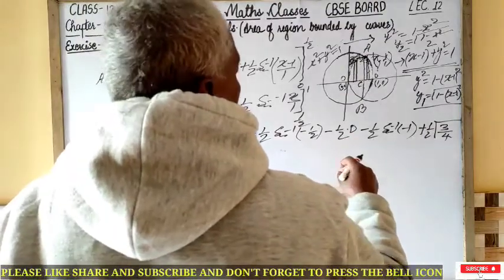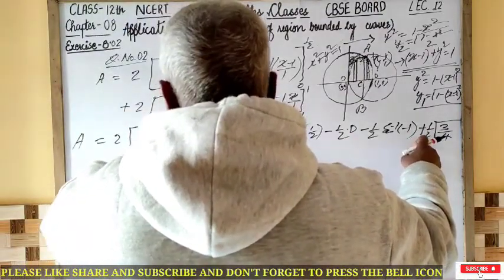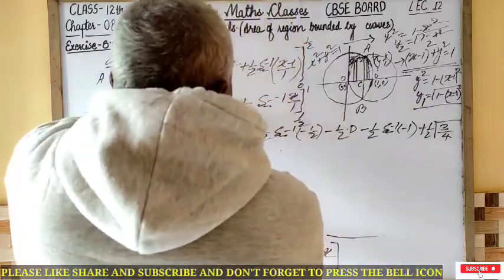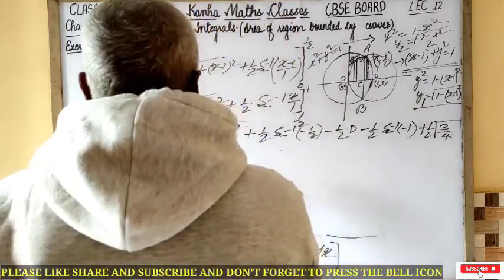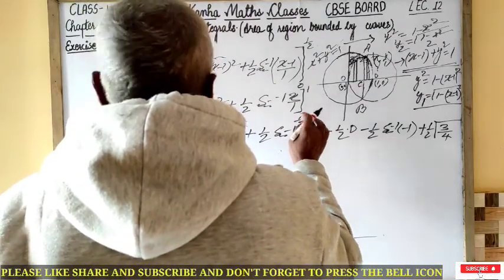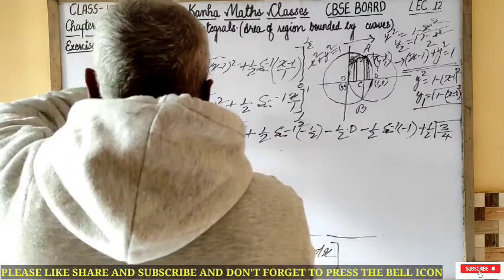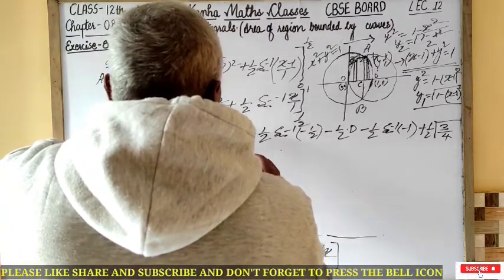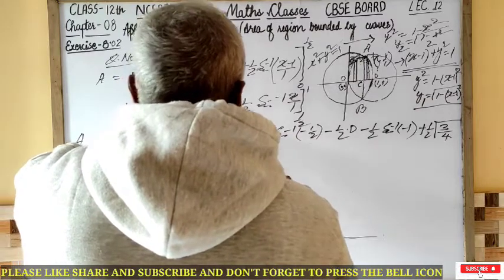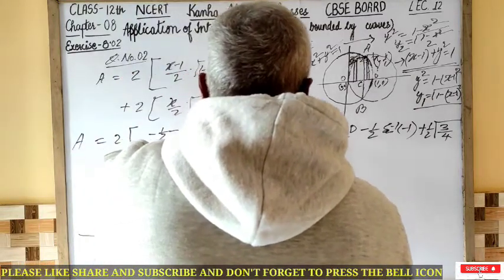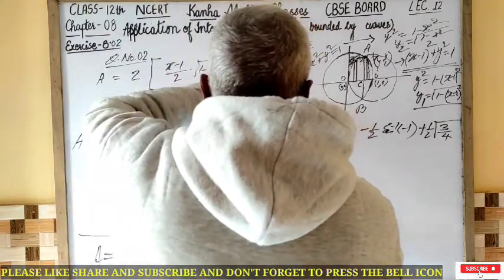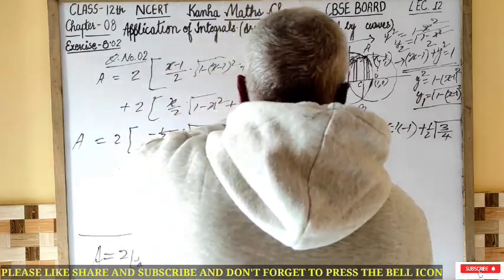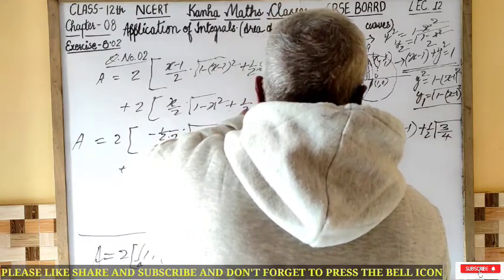In the second step, 1/2 and 1 minus 1/4, 3 by 4, plus 1/2 sine inverse 1 by 1, and the lower limit 1/2 minus 1/2 means minus 1/4 under root 3 by 4 plus 1/2, here also will be equal to minus 1/2 sine inverse of 1/2 by 1.